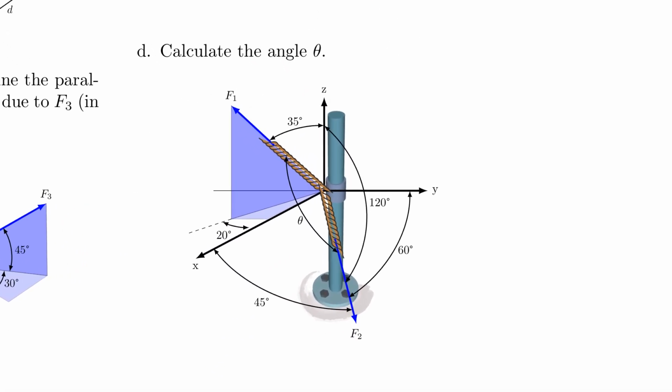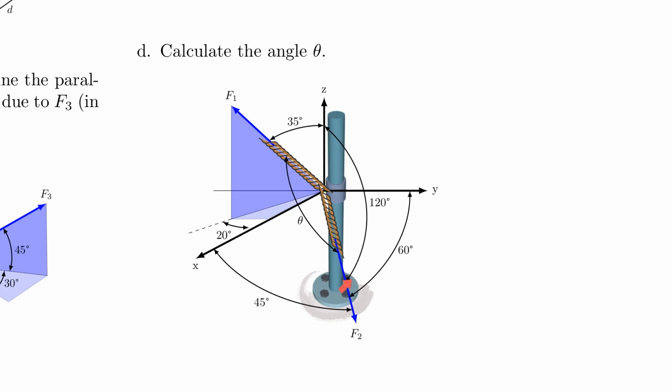Last but not least, we have a very interesting problem here in which you are supposed to find the angle actually. So you can use the other concept of the dot product that was mentioned to you in the lecture, where you have a position vector 1, or it's actually a force in this case, but it's really a position vector, and a second position vector. They have a certain angle between them in 3D, of course. And you can find that angle by using the dot product.